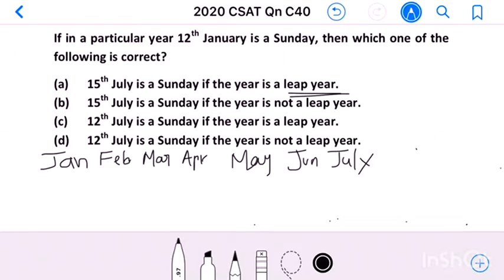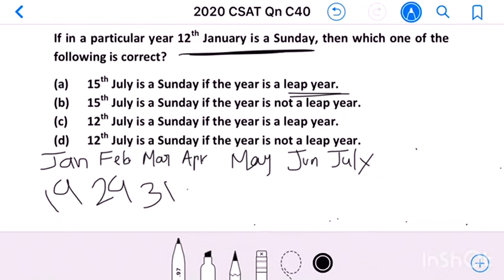So here 12th January is a Sunday. Then after 12th January, there are 31 minus 12, 19 days in that month. Then in February, if it is a leap year, there will be 29 days. March has 31 days, April has 30, May has 31, June has 30, and July 15th.